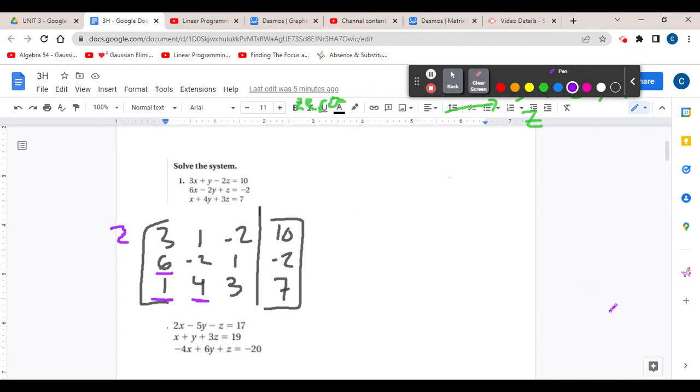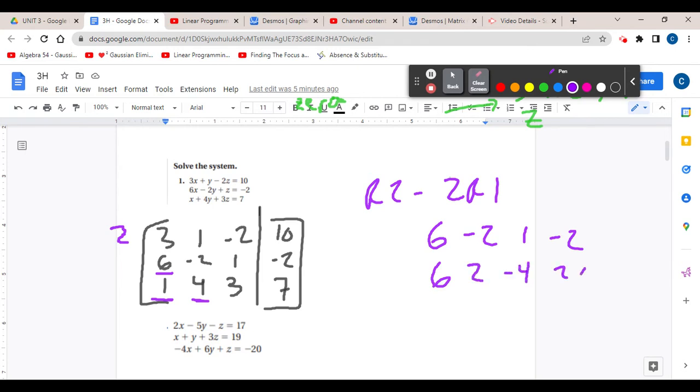So if we have row 2 and we subtract 2 row 1, we can rewrite our row 2. Looking at row 2, we have 6, negative 2, 1, negative 2. If we double row 1, we have 6, 2, negative 4, 20, because we distributed 2 through each of those. So we're going to subtract these.